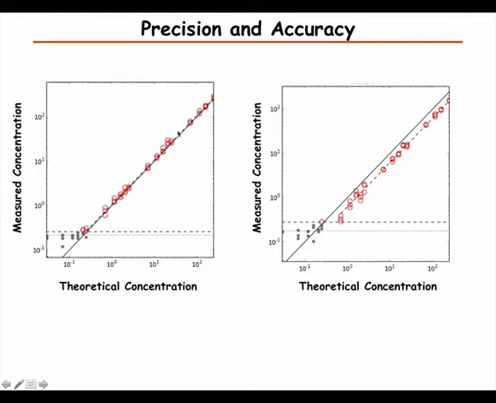The accuracy here is seen in that the dotted line is almost on top of the solid line, while here we have a systematic shift of our measurements. But we can take that into account and maybe compensate for it if we have done these titration curves properly.